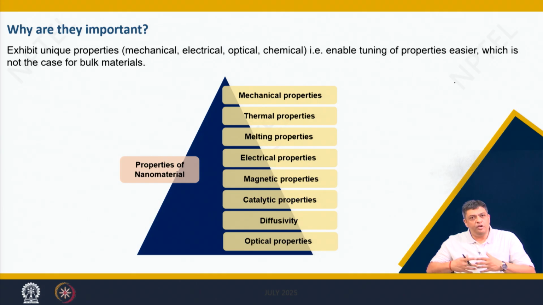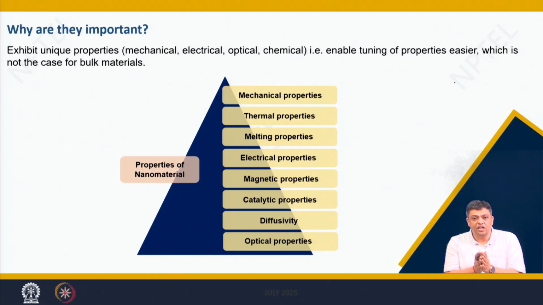So, if we put these facts which we said in words, the properties of the nanomaterials are expected to change as we move from one type of structure to the other. Why are we emphasizing properties every time? The word properties, properties, properties.